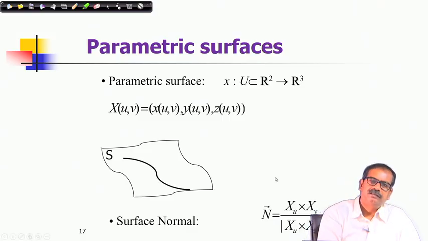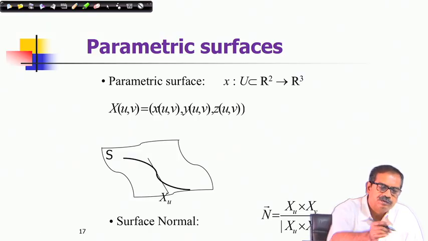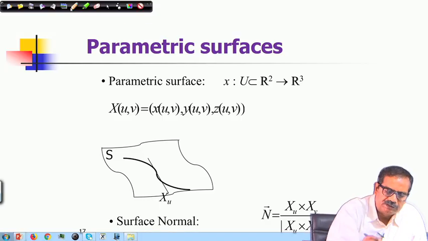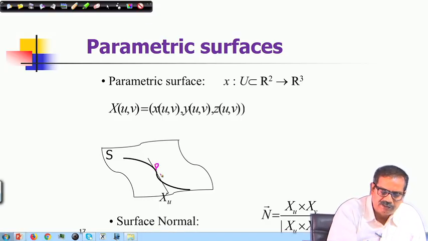So, let us consider a curve which is lying on the surface, and at a particular point I can get a direction. We have shown here, suppose this is a point P, and a curve, if I consider it is varying over u only, whereas v is kept constant.